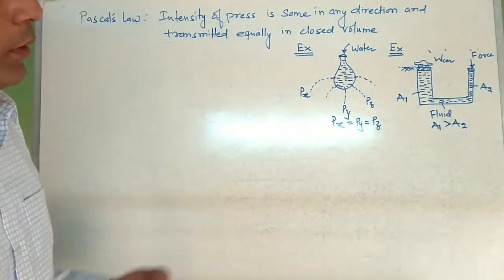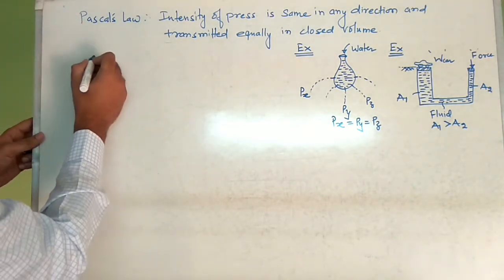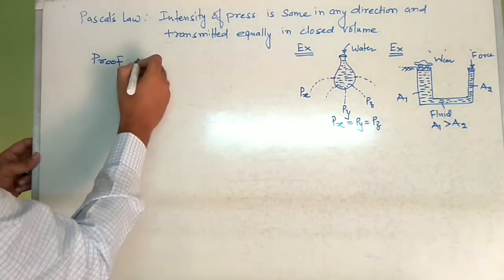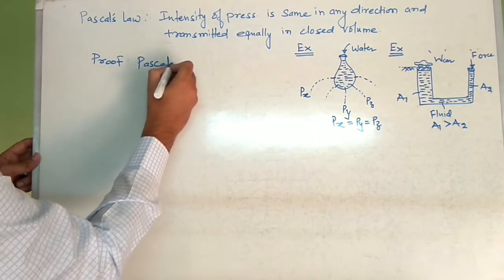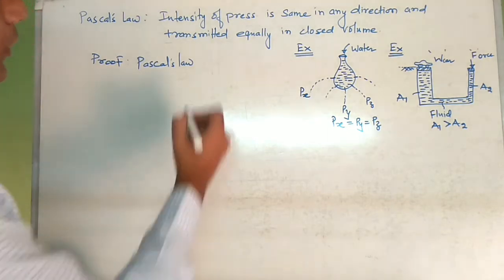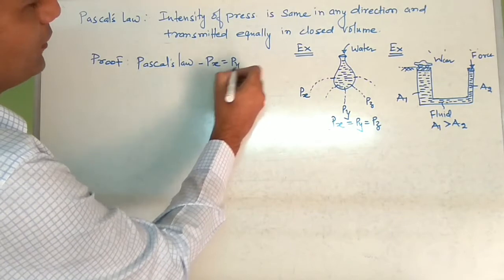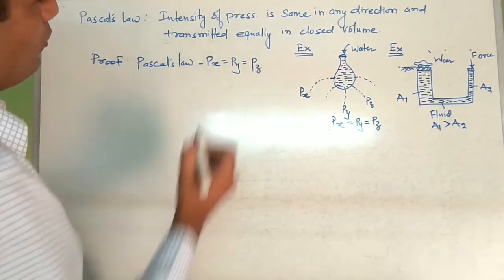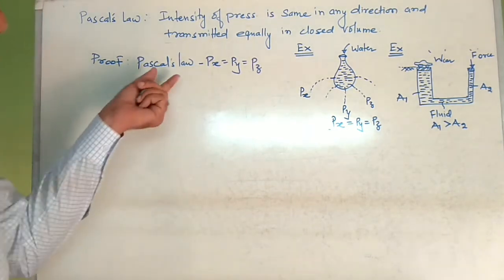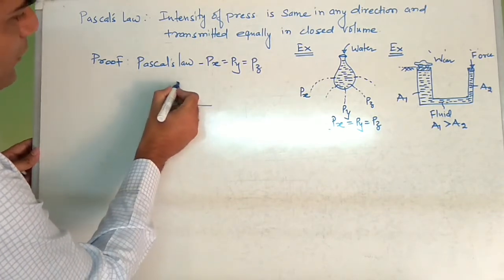Now we'll move to the proof of Pascal's law. What are we going to prove? This one: pressure intensity is the same in any direction. So this is our proof. Pascal has taken a fluid element.